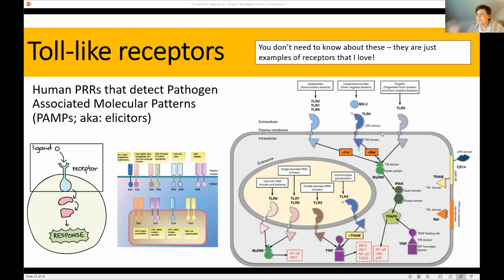So I just want to mention this. These would be your cell surface immune receptors. These would be your intracellular receptors. This is one type of cell receptor that is involved in immunity.